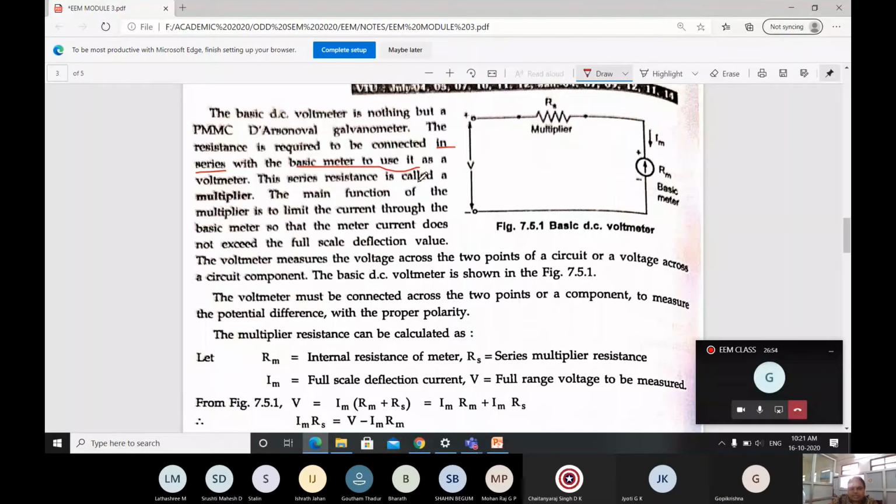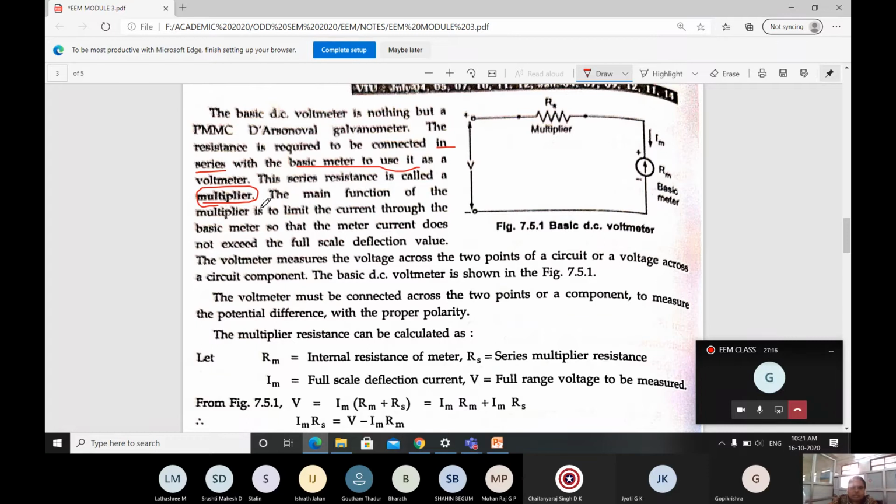This series resistance is called the multiplier. Remember, shunts in terms of ammeters, multipliers in terms of voltmeters. In the question, if they ask to explain shunts and multipliers, you have to write both about ammeters and also about voltmeters. It's called a multimeter.